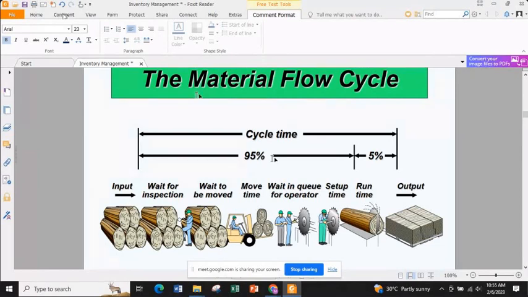high quality, you already learned, I think, in the first suite, the definition of product quality. So what's the meaning of product quality? So you need to manage the quality. Imagine 95% you need to invest from input, wait for inspection.